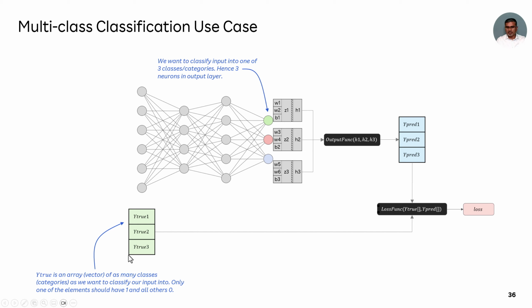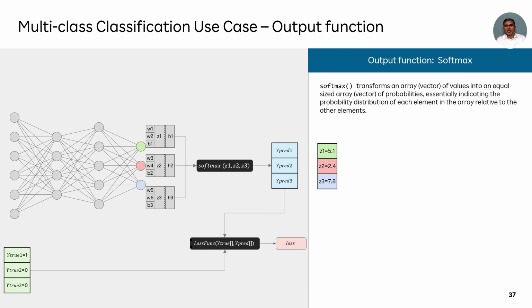Let's say that in the prior example of the e-commerce site user reviews as positive, negative, or neutral, there are three classes. You'll have three items in your array. And similarly, you have to have your output function emit an array of the same number of elements. Because you had three here, you're going to have three here. Okay. Now let's look at what would be a good output function.